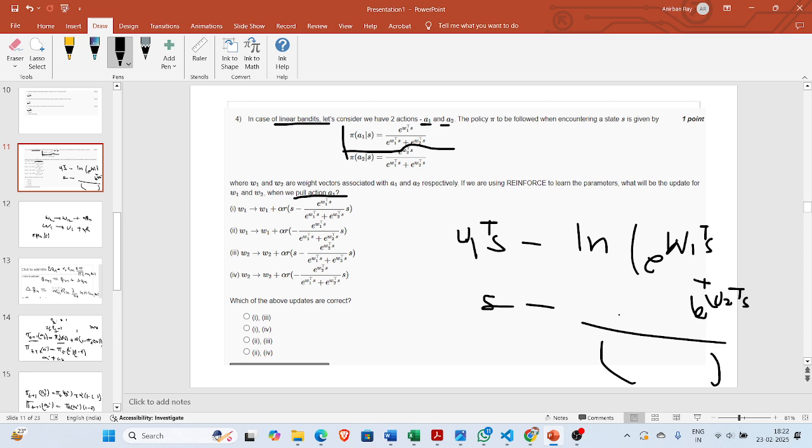So e to the power something has no change there, w1 transpose s, and this will produce another s. So I think this is the answer we are getting here. Next, with w2 it will be symmetric, so this is the answer as well. This is the 1 and 3 answer, so the answer is this one. This is how you do it.